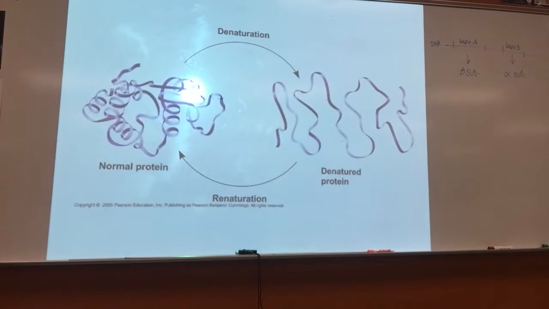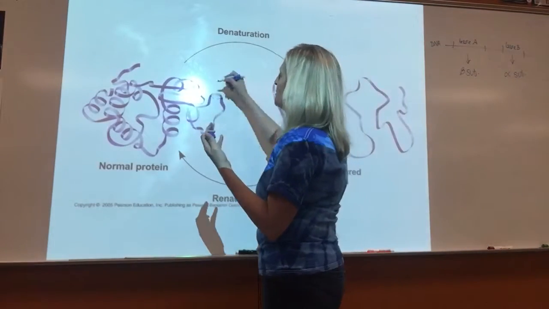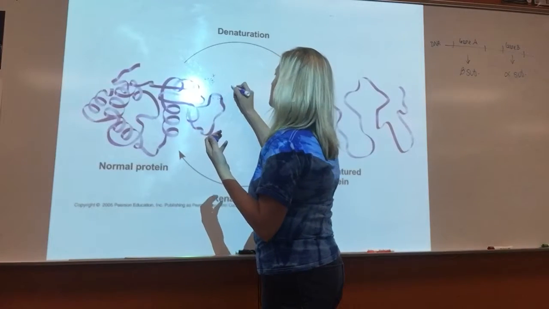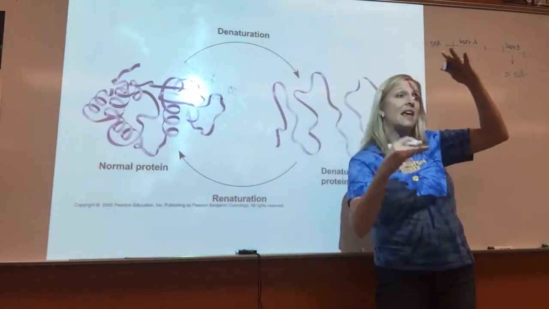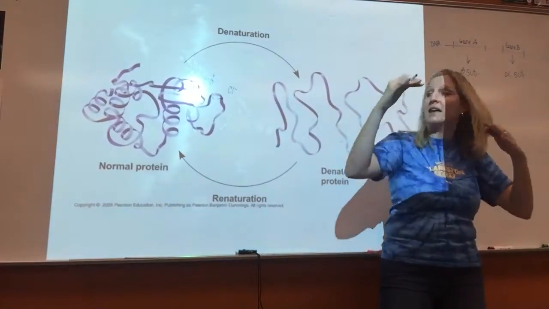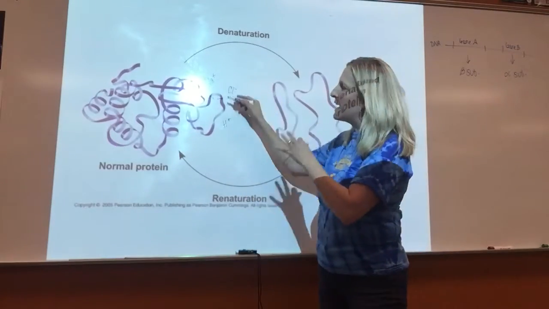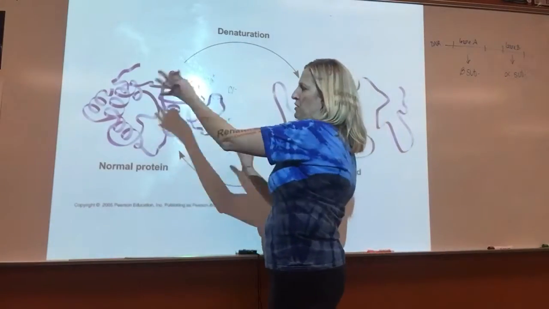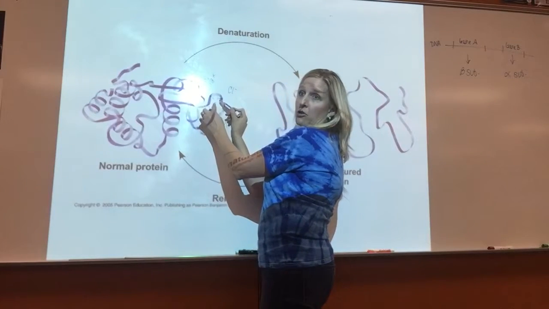We said that salt and pH can change those interactions. Salt, like table salt, dissociates into sodium and chloride ions. Or if we change the pH, we're changing the hydrogen ion concentrations, either more or less hydrogen ions. These ions, if they're in the solution of the protein, can actually interact with the R groups as well.